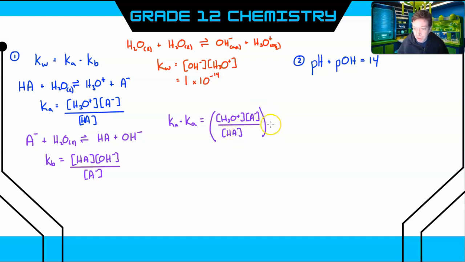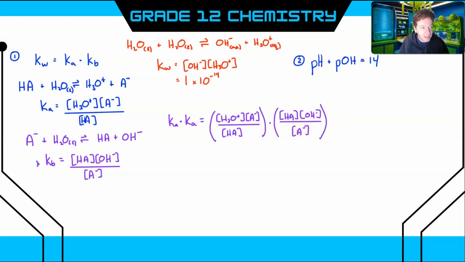And then we're going to multiply that by our Kb value right here. So we've got our acid times our hydroxide ions all over our conjugate base.